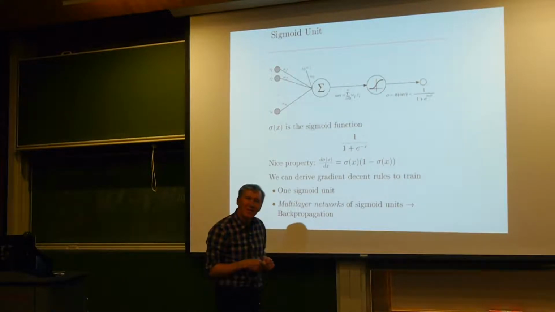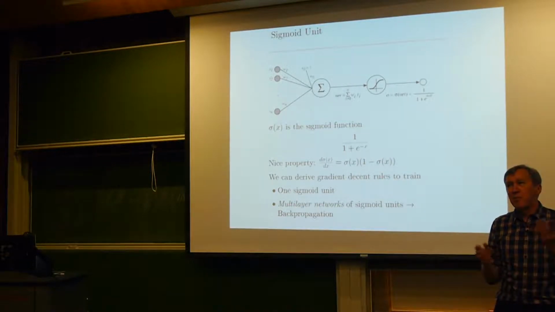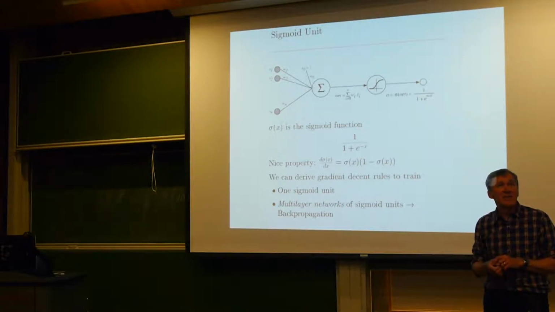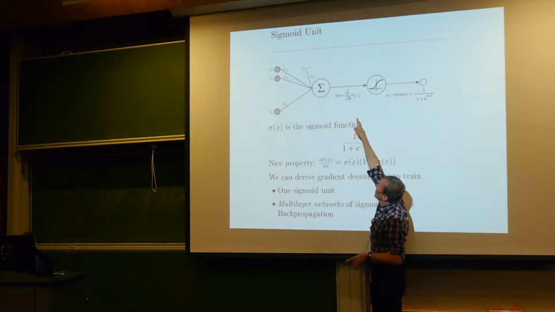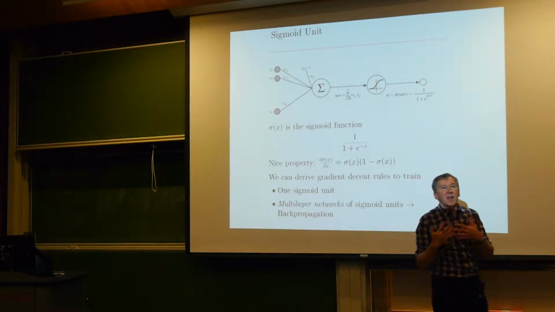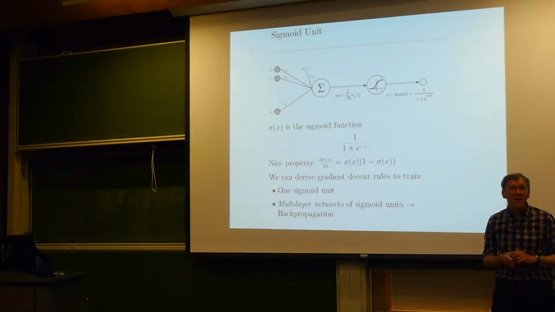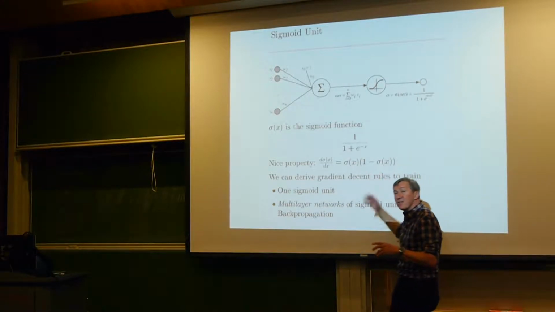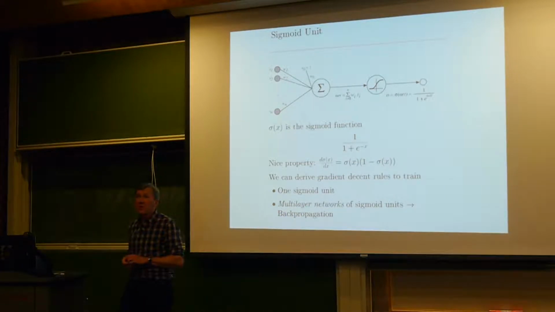Before we talked about gradient descent for linear regression, for example, and you remember it was pretty easy to derive the gradient for linear functions. Here we're taking a sigmoid of a linear function, and by the chain rule, it will turn out it's very easy to get derivatives for this too. So this is a kind of nonlinear function we can use for which we can still very easily calculate gradients.